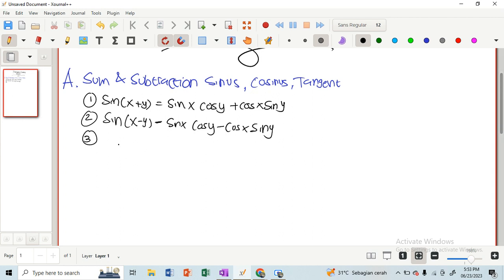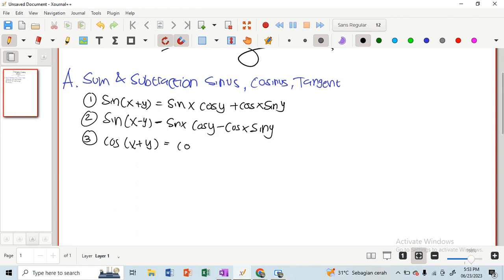We'll move on to cosine first. So let's move to cosine of x plus y. For the cosine, we write the term cosine first.